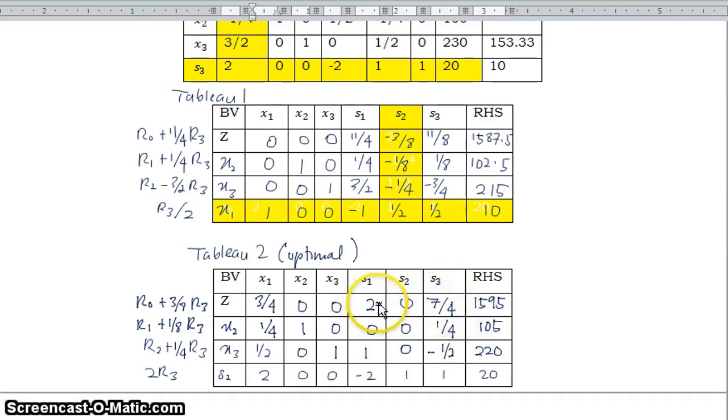Since there is no NBV with 0 coefficient in row 0, this problem has a unique solution.